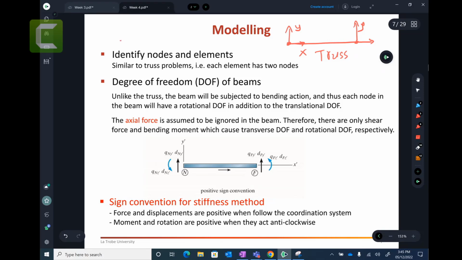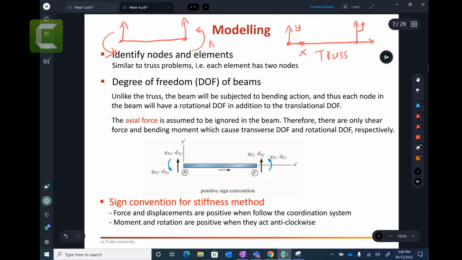Now the beam is slightly different. Same element, but in the beam you get vertical displacement and a rotation instead of X, because beams don't have axial forces. They don't have anything going axially. It will have a moment, and it has a shear force that is going up.